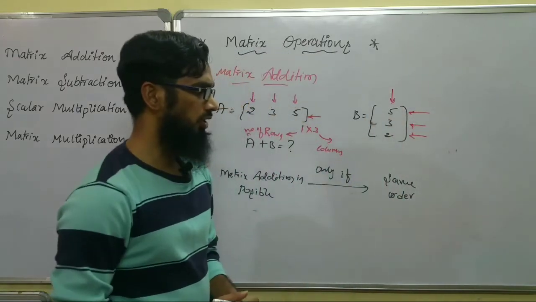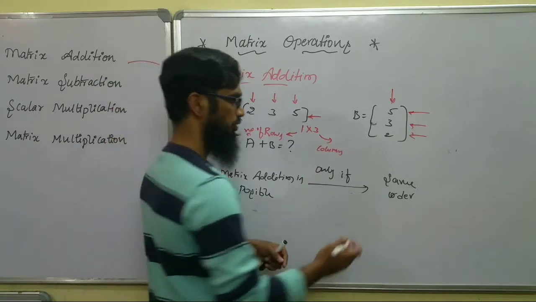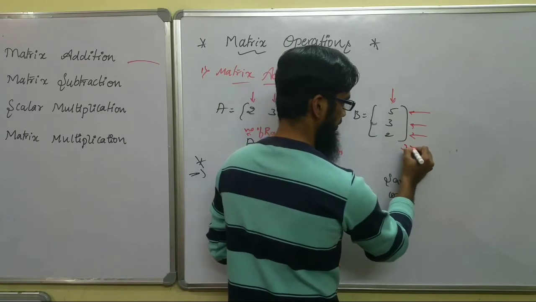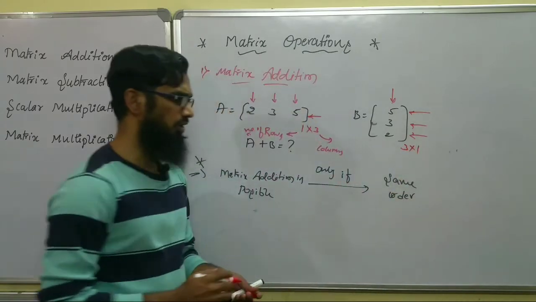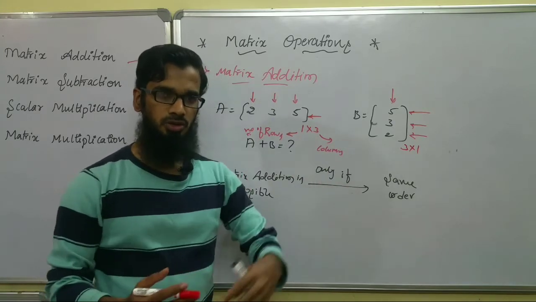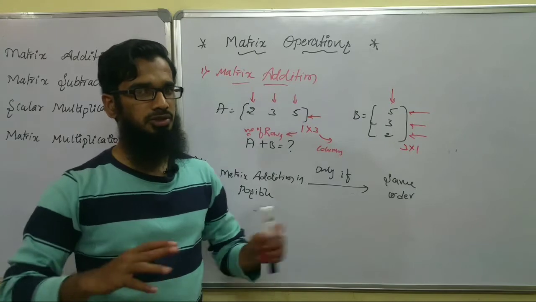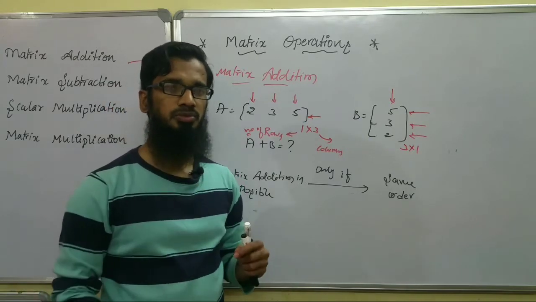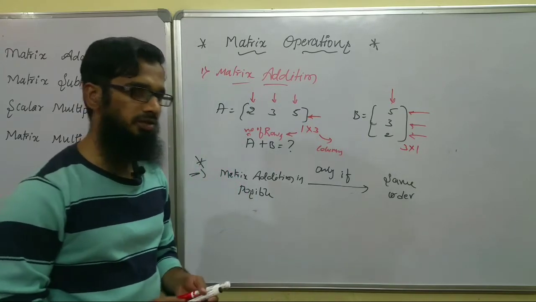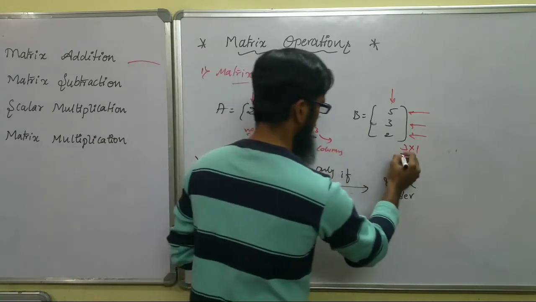So the order of B is 3 cross 1. Now compare the order of matrix A and matrix B. If it is the same, only then can we add the matrices; otherwise it is not possible to add them. Here this is 1 cross 3, but this is 3 cross 1.